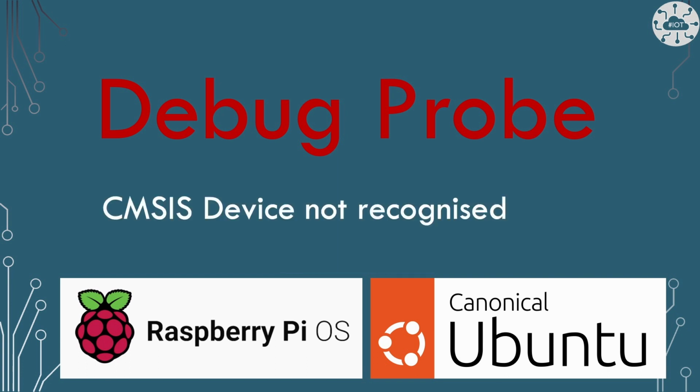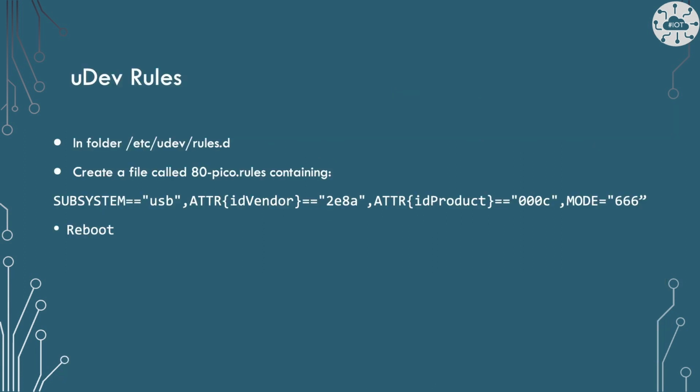But anyway, the problem is with the CMSIS device that a debug probe is now, not being recognized by the OS and not therefore knowing what to do with it and what permissions to grant it in order to be mounted as a device. This can be fairly easily fixed by actually creating a udev rule. And that's really what is missing. There just isn't a udev rule associated in the standard rules.